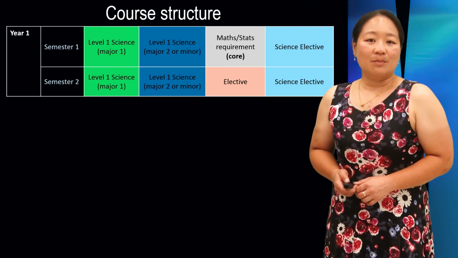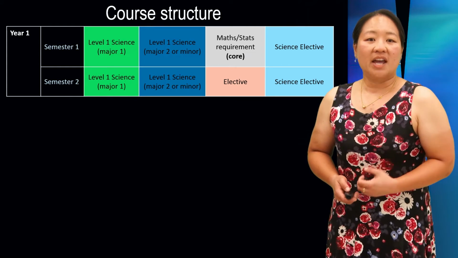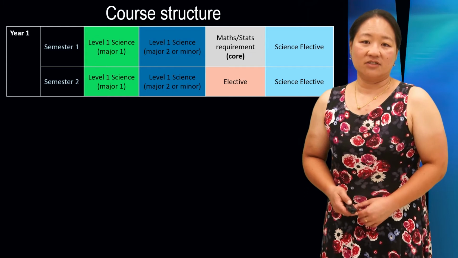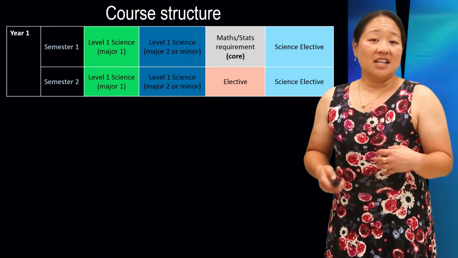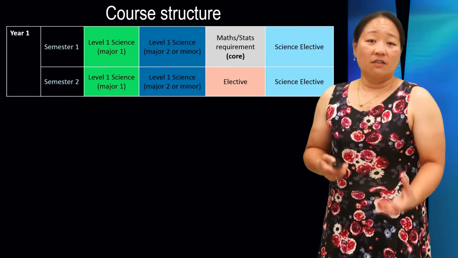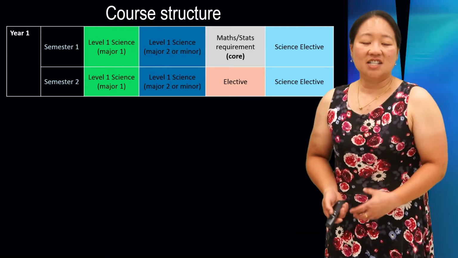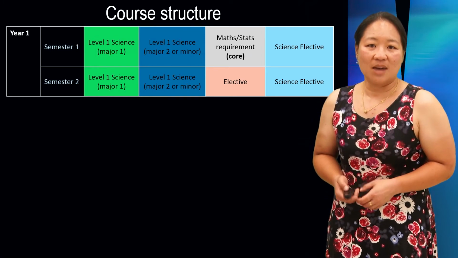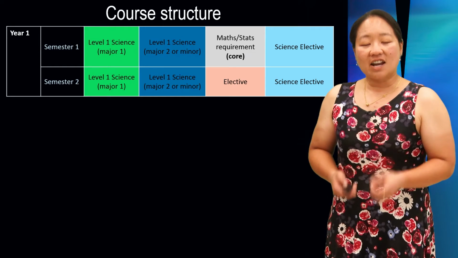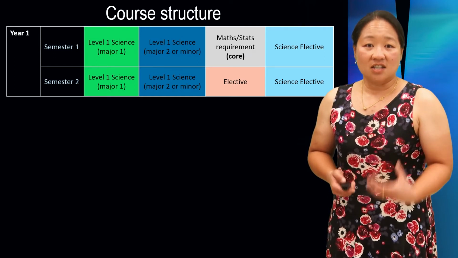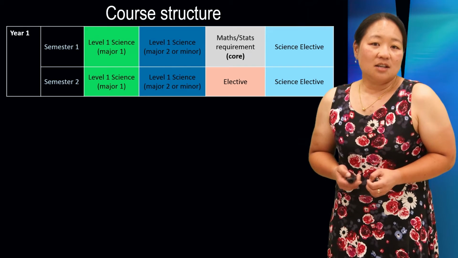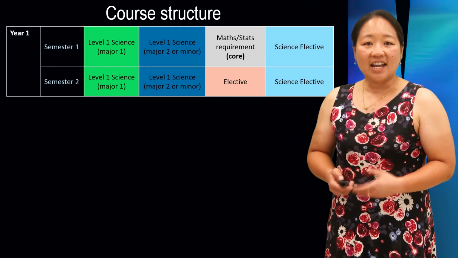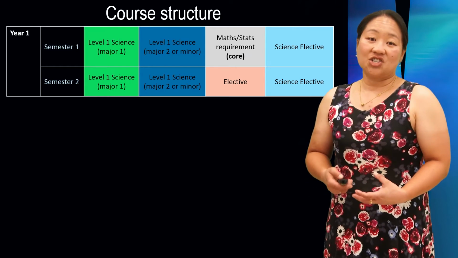The Level 1 Mathematics or Statistics unit will depend on your mathematics background and interests, and again, this is also detailed in the handbook. You need to undertake a minimum of one from a list of many defined units, and you can choose to complete a second unit in mathematics or statistics. It's recommended that you take a third science sequence. You need to complete a minimum of 5 Level 1 science units. If you would like to take Level 2 units, come and have a chat with me and we can see what your options are.